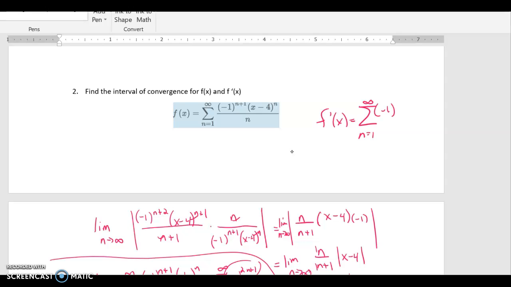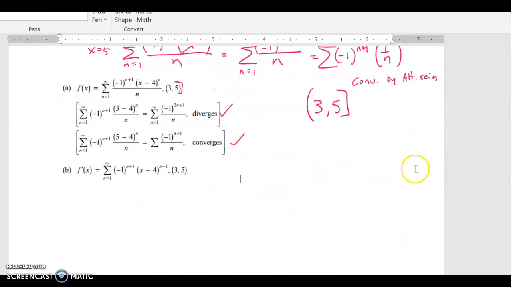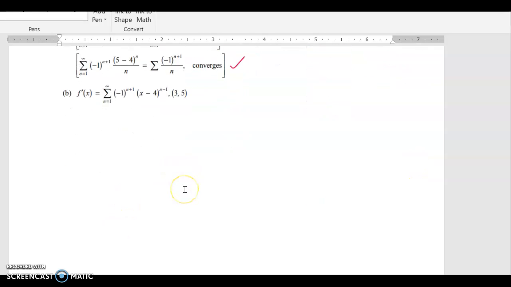So it's negative 1 to the n plus 1, and then you have an x minus 4 to the n minus 1, right? Bring the n down, cancel out, take 1 away. All right, so there's your derivative. So let's take a look if we agree. That looks right. According to the book, that's the solution.